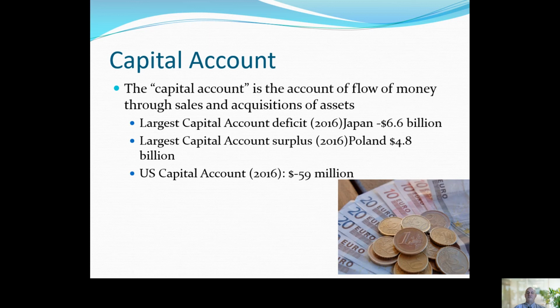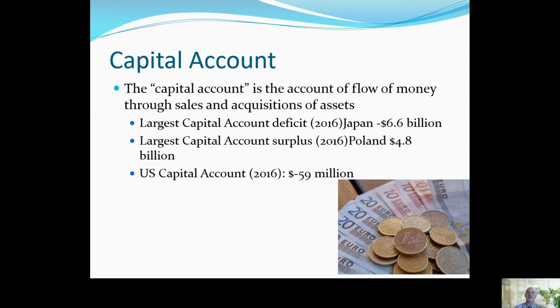On the flip side, the largest capital account surplus was Poland. Interestingly, many countries were recognizing opportunities in Poland for moving factories. Manufacturing greatly increased in 2016 in the country of Poland. So there was a great deal of money flowing into Poland, more so than what was leaving Poland.